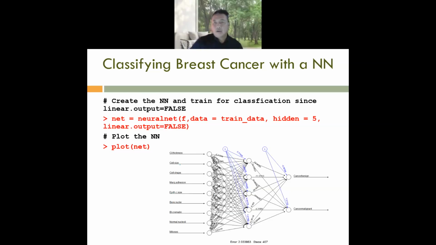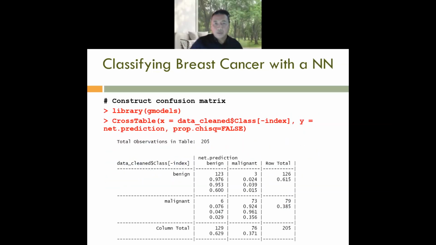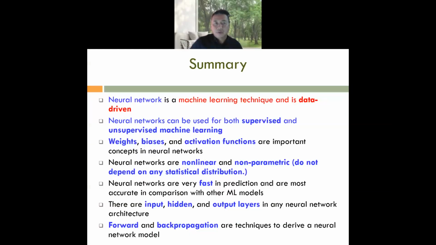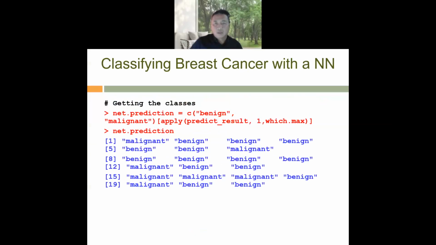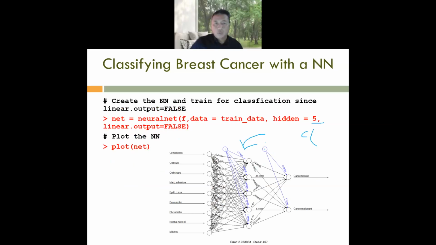Okay. So here we have 5 hidden layers, 5 neurons. But if you want to have more hidden layers here, we just say how many of them. We have an example here. I will show you later on how we add more layers here.